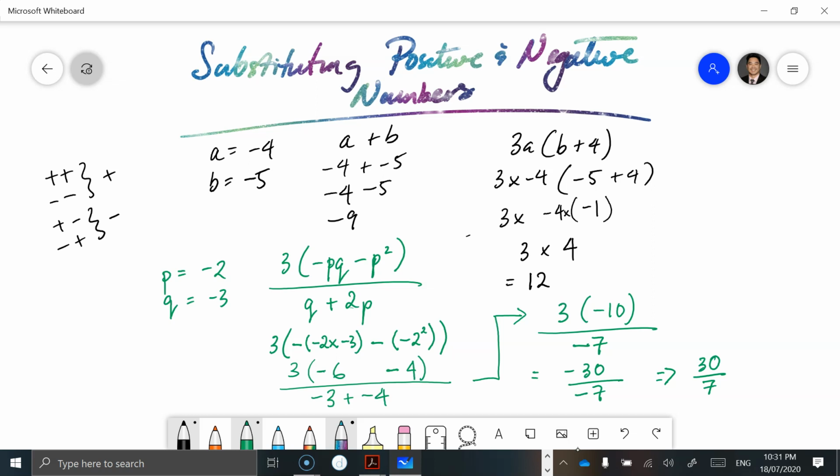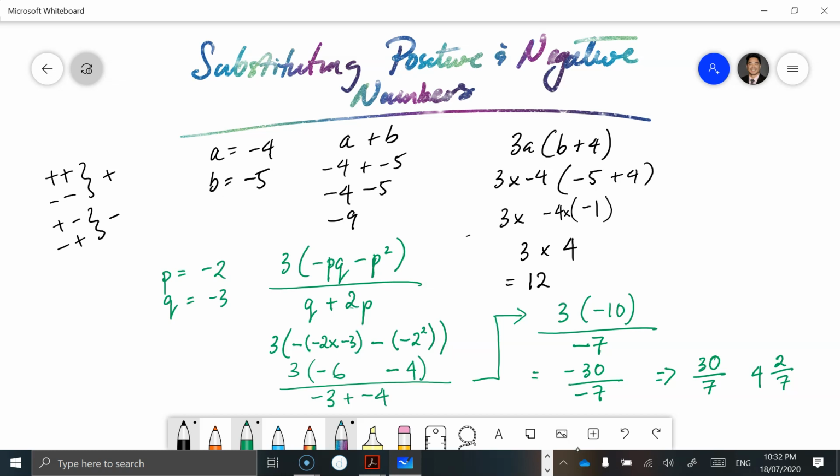If the question asks you to put it into a mixed fraction, then we'll say 7 goes into 30 4 times, so 28, leaving us 2/7 left over. So that's our mixed number.